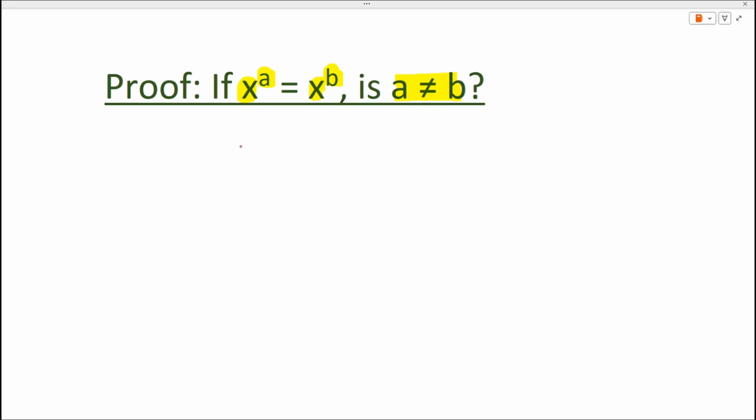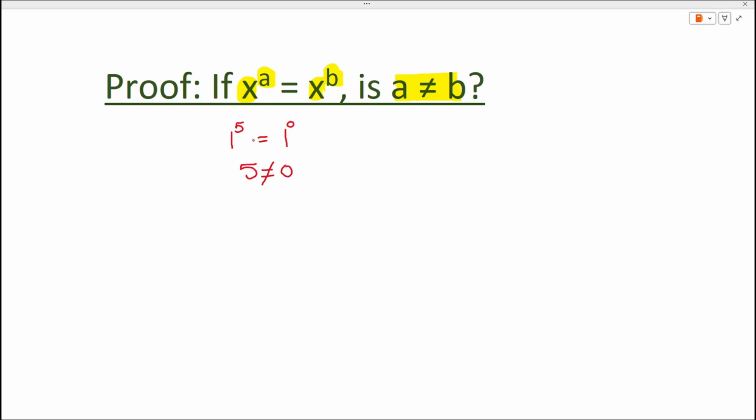So let us say I'm writing 1 raised to the power 5 is equal to 1 raised to the power 0. In both these conditions, we know that the result is 1, which means can we write 5 is equal to 0? Definitely not. 5 is not equal to 0.